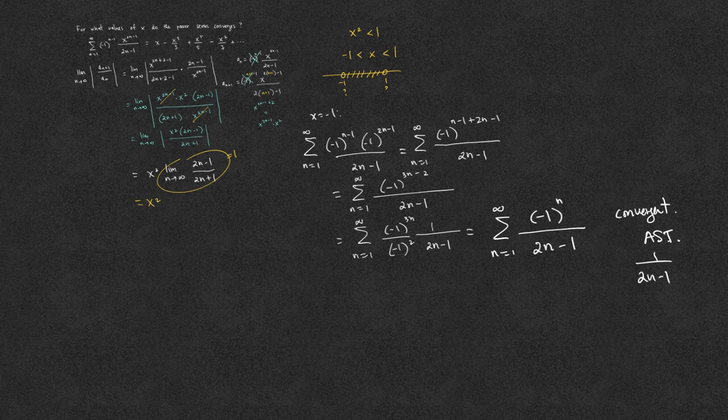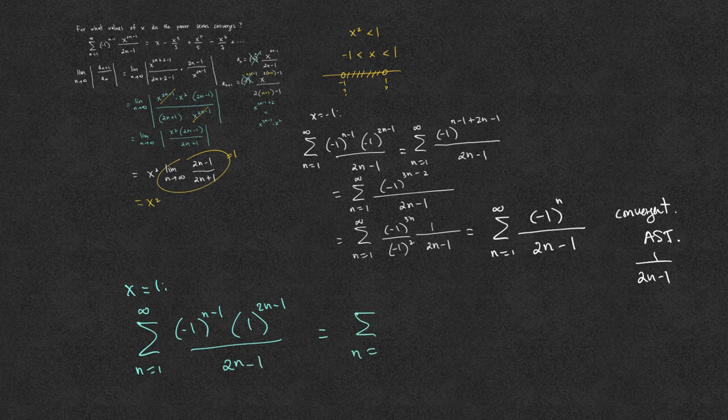To check the right endpoint, x equals 1, we plug 1 in for x in the series, n from 1 to infinity of (-1)^(n-1) times 1^(2n-1) over 2n-1. And this is the series n equals 1 to infinity of (-1)^(n-1) over 2n-1, because 1 raised to any power is itself.